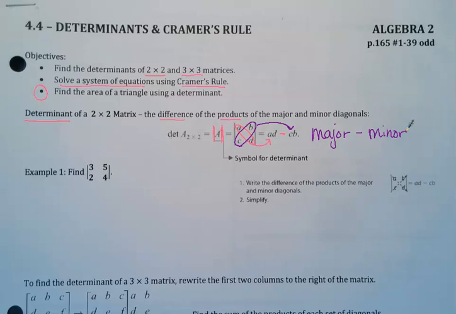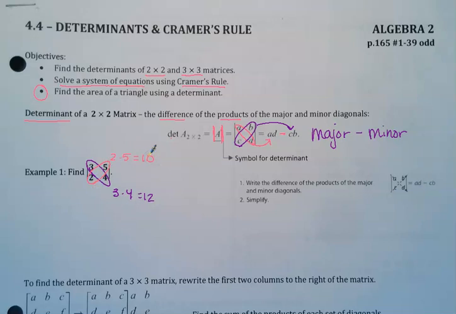So let's look at example 1. We want to find the determinant, because it's got these absolute value symbols instead of the brackets, of 3, 5, and 2, 4. We find the product of our major diagonal, 3 times 4, which is 12. We find the product of our minor diagonal, 2 times 5, which is 10.